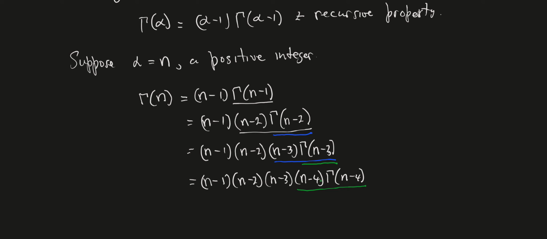And what will happen is, if I keep subtracting 1, eventually I will get down to 1, right? Because if I start with a positive integer and I keep subtracting 1, I have n minus 1 times n minus 2 times n minus 3 times n minus 4. Eventually, this product, or we can say this factorization, becomes this.